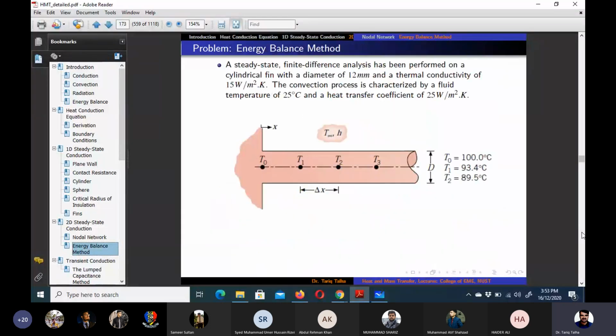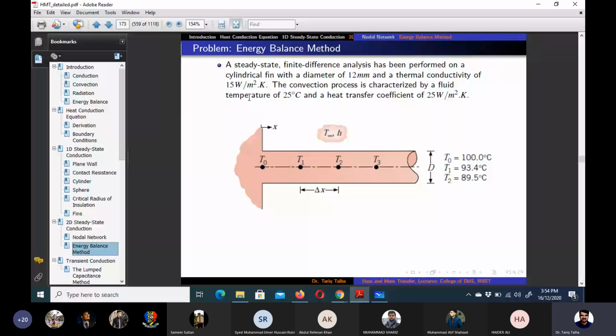Okay, now the next problem here is the energy balance method. Because we have already studied fin analysis, the one dimensional fin, we are going to do one more numerical for a cylindrical or pin fin. A steady state finite difference analysis has been performed on a cylindrical fin, which is also called a pin fin, with a diameter of 12 mm, and a thermal conductivity of 15 watt per meter Kelvin.